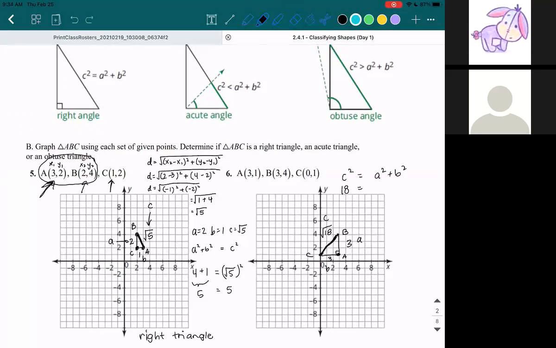When you square A, you're going to get 9. B is also 3. So when you square that, you're going to get 9. And that simplifies to 18 and 18. So luckily for us, again, these are equal, which means that we have a right triangle because C squared was equal to A squared plus B squared. So I'm going to write right triangle.